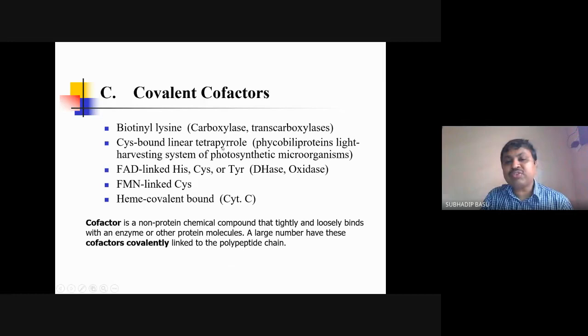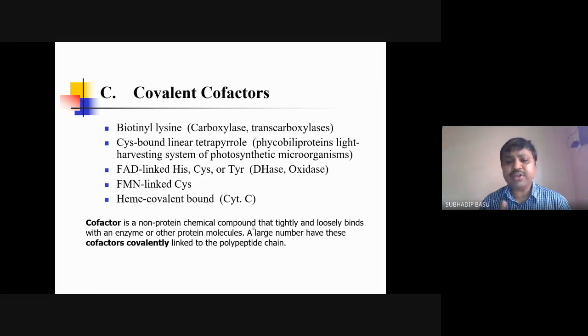So these are some examples of covalent cofactors, and there are many actually, and these have many different activities, especially in drug regulation and in disease pathways or disease diagnosis.